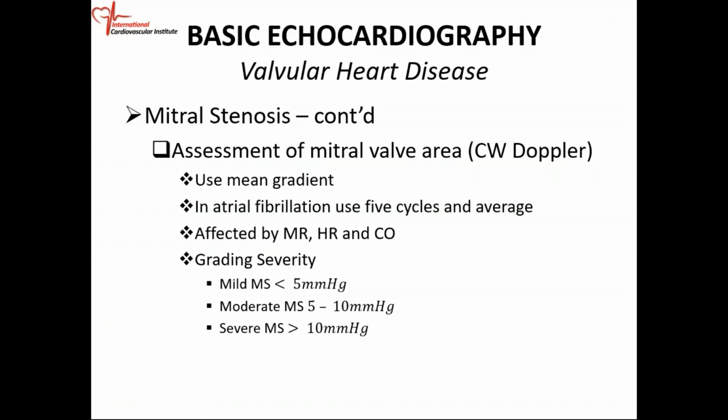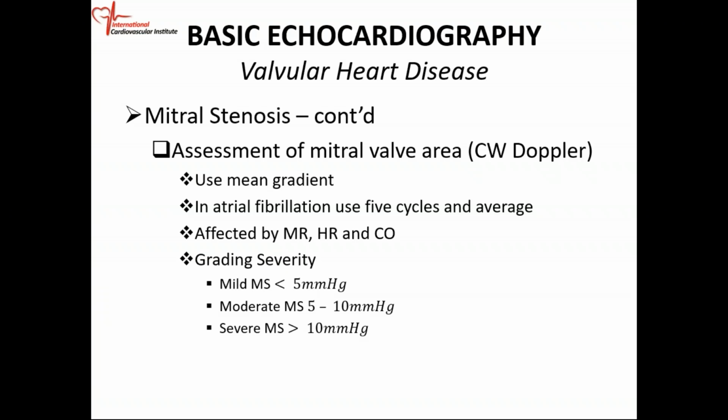We're going to go over the current grading system, but just to let you know, the old grading system, we don't use it. The current one is: if the mitral gradient is greater than 5 millimeters mercury, it's severe. And if it's greater than 10, it's very severe. We'll go over the current grading system so you're familiar with it.